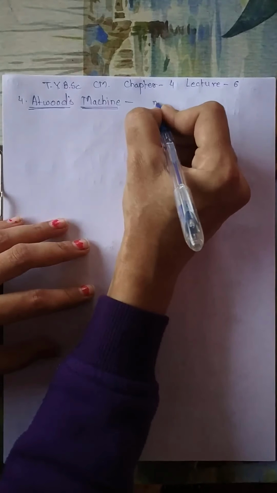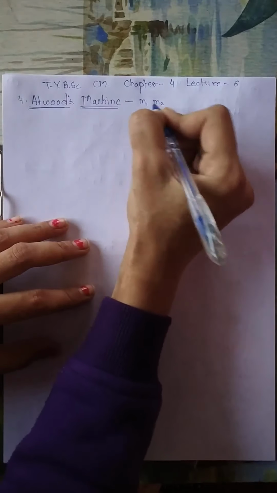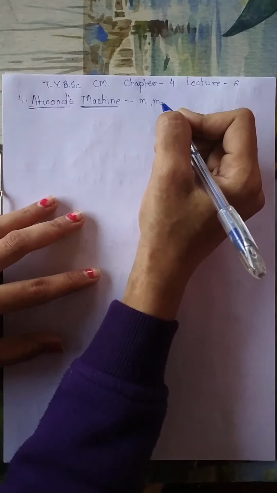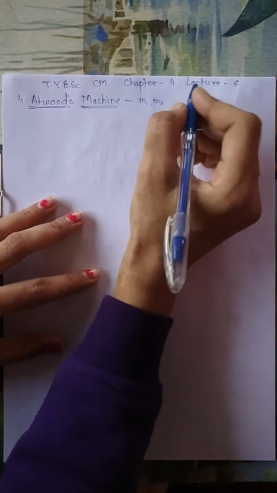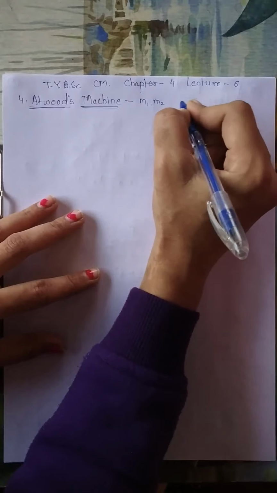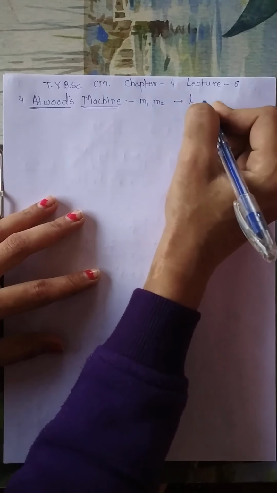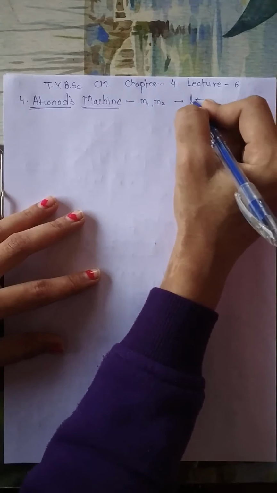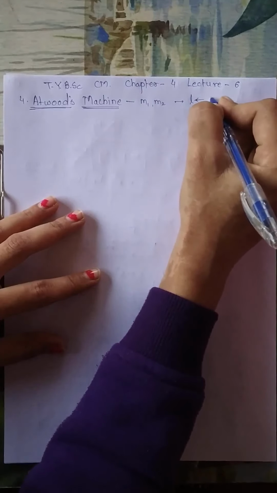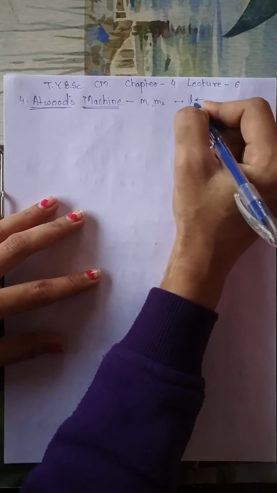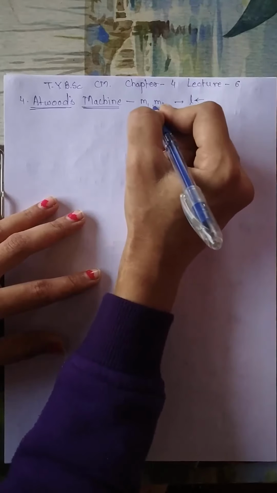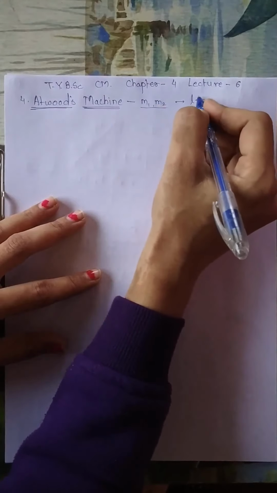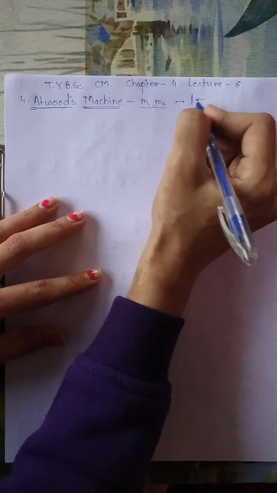It consists of two masses m1 and m2, tied together by means of a light inextensible string. Inextensible means the length of that wire is constant, so it does not extend due to these masses. When we attach these masses to the string, there is no change in its length.